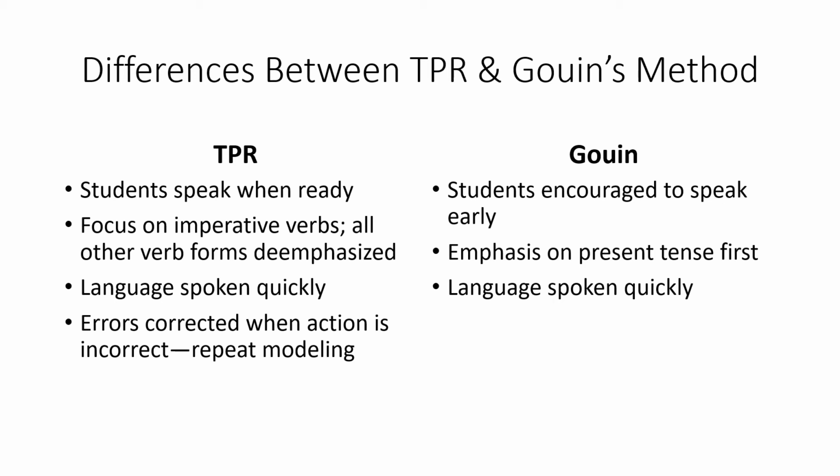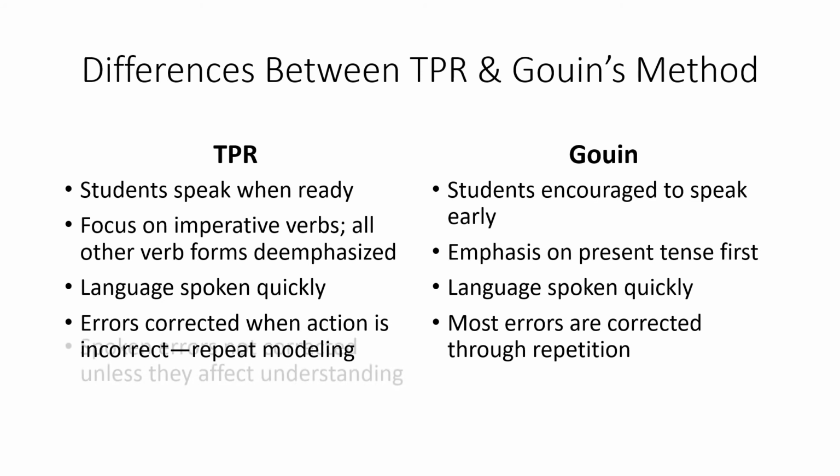In other words, if the student doesn't perform the correct act, the teacher remodels it, shows them the action while issuing the command. And that way they're corrected, but it's a slightly more light-handed method of correction. In Gouin's method, errors pretty much were corrected through repetition, with the teacher repeating the phrase correctly.